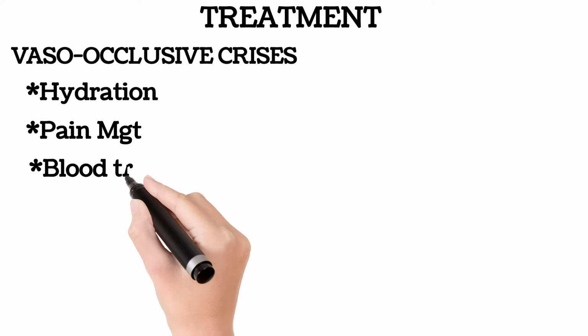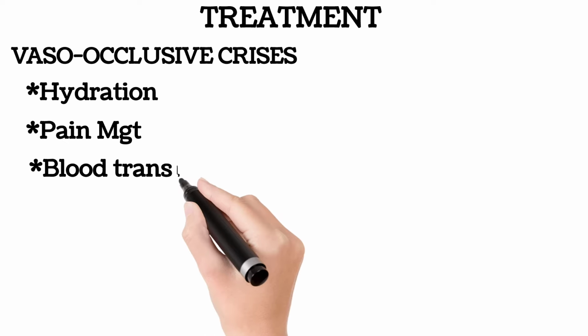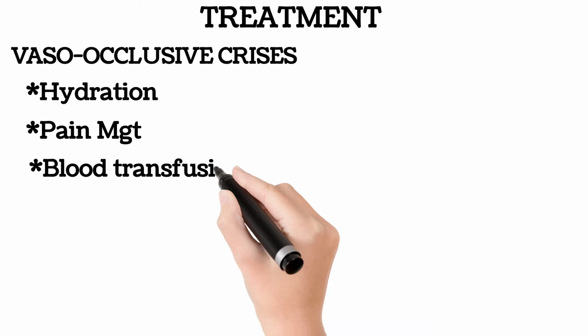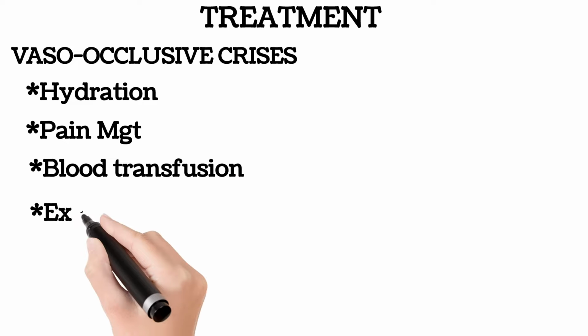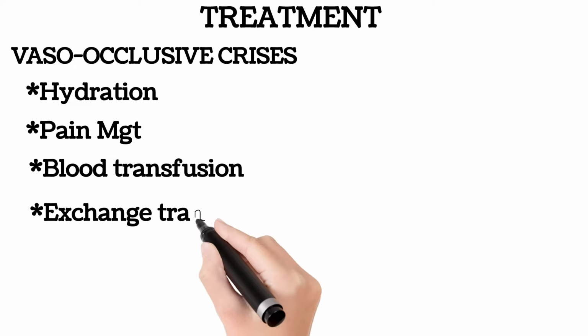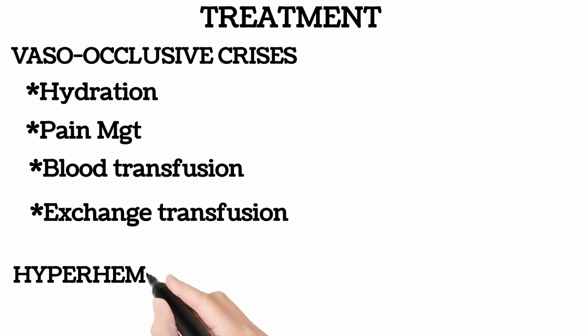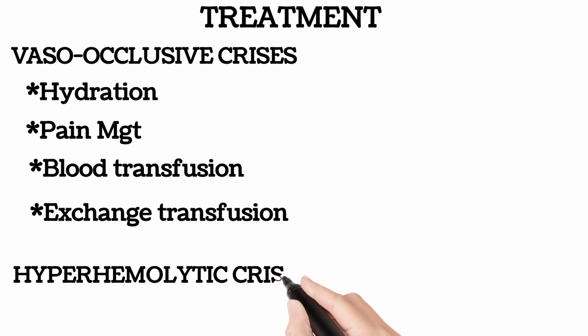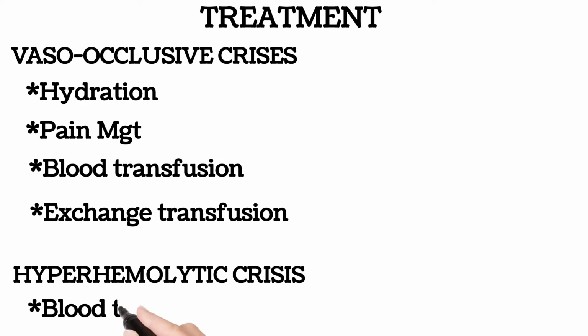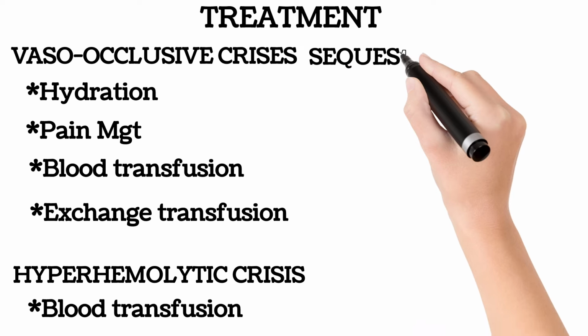Then blood transfusion, you can give packed red cells or whole blood. And also there's room for exchange transfusion as well. For hyperhemolytic crisis, you can give blood transfusion as we discussed.